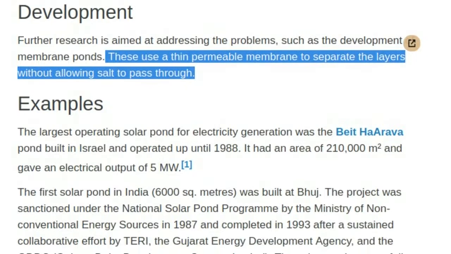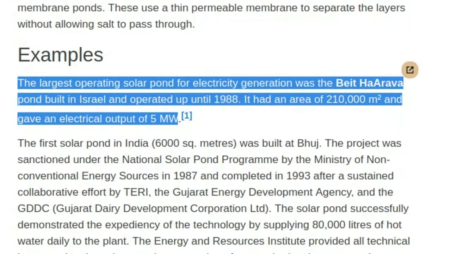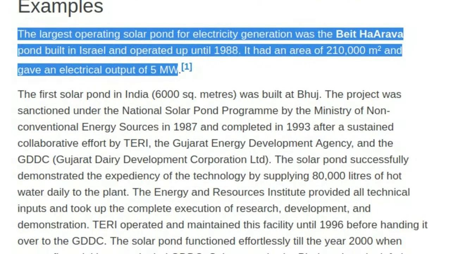These use a thin permeable membrane to separate the layers without allowing salt to pass through. The largest operating solar pond for electricity generation was the Beit Ha'arava pond, built in Israel and operated up until 1988. It had an area of 210,000 square meters and gave an electrical output of 5 megawatts.